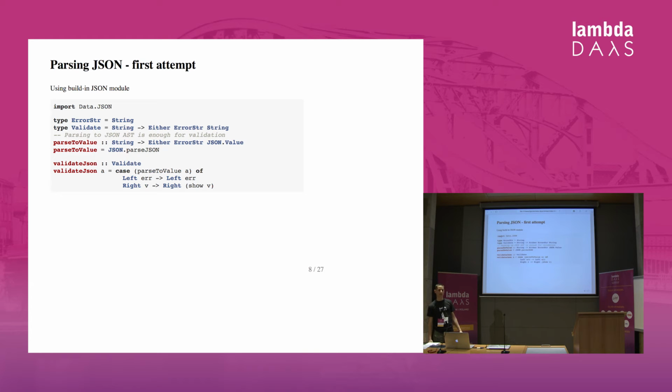The type just has to be an instance of some type class. I don't remember which one, but I only need to parse to the JSON abstract syntax tree, so I know if the parsing is okay. I know that the syntax of JSON was good.